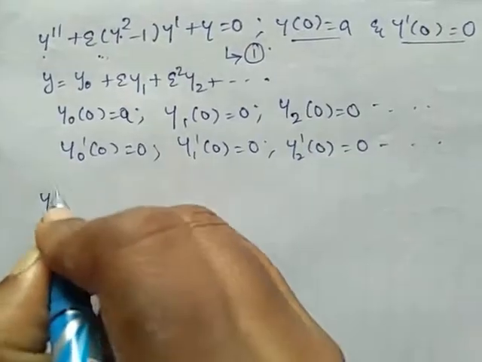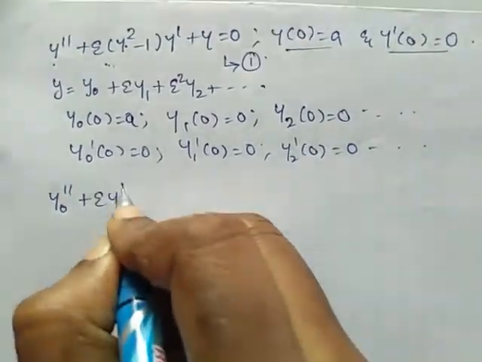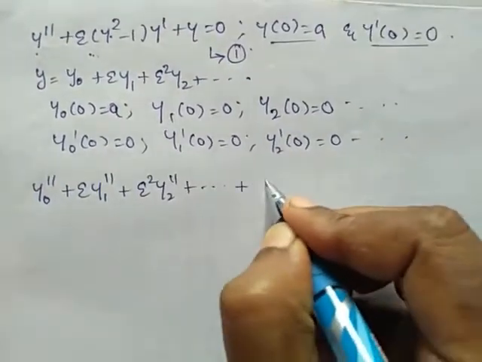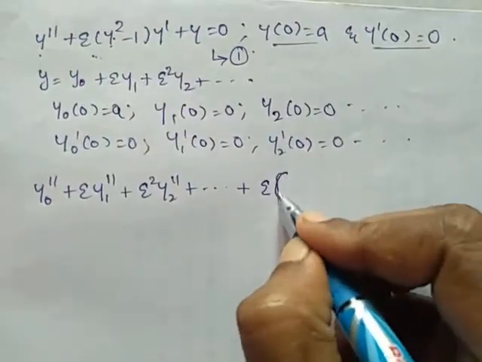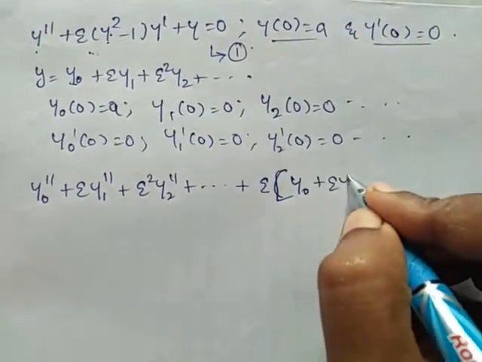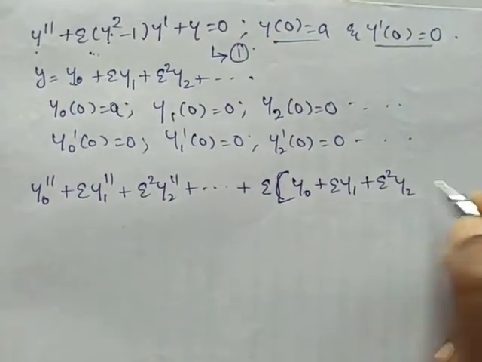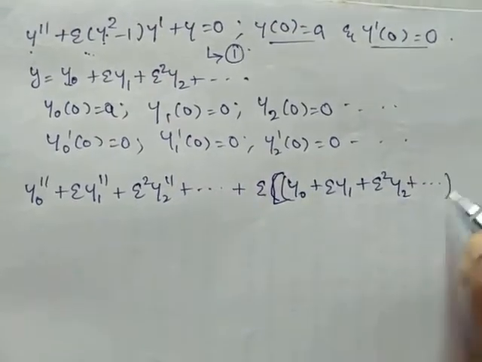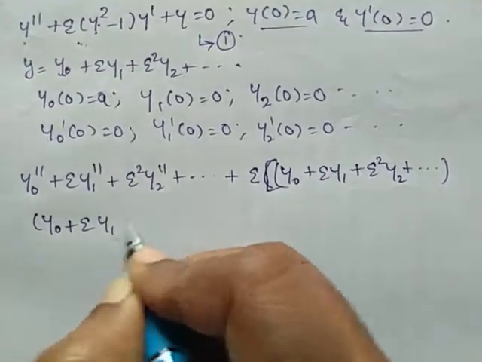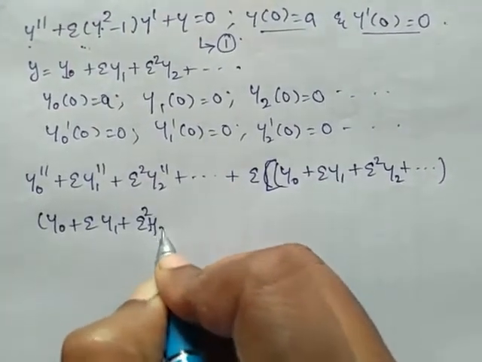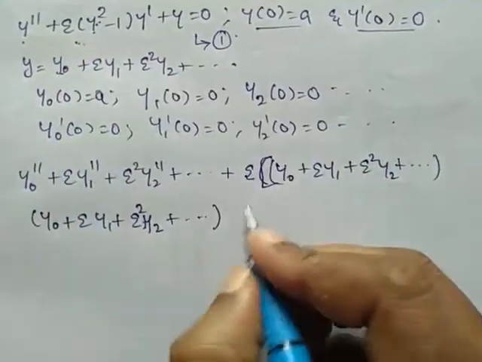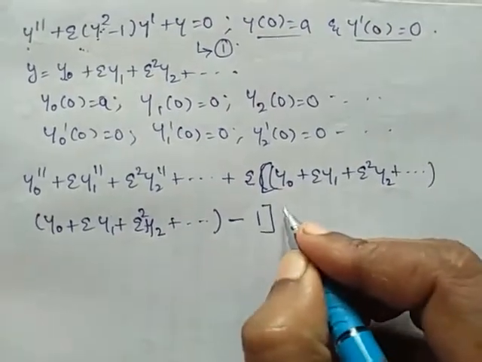Therefore, y naught double dash plus epsilon y1 double dash plus epsilon square y2 double dash etc. plus epsilon into y square. So y square is the square of y naught plus epsilon y1 plus epsilon square y2 etc. into y naught plus epsilon y1 plus epsilon square y2 etc. Then epsilon into y square minus 1 into y dash.